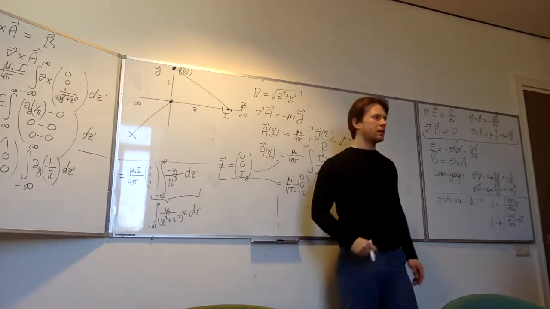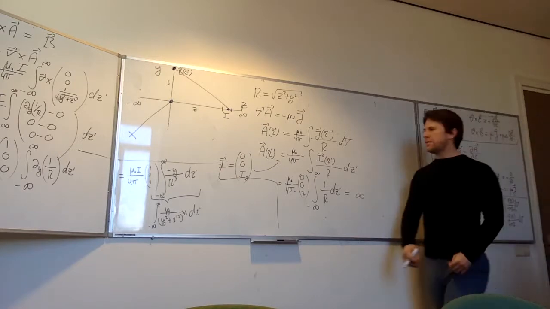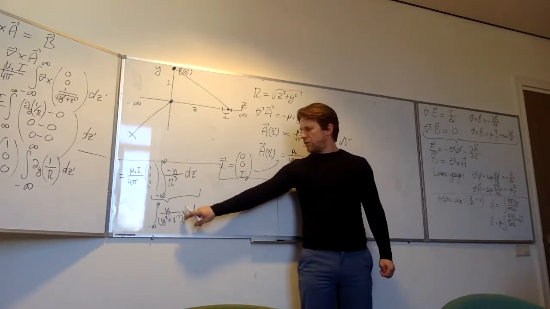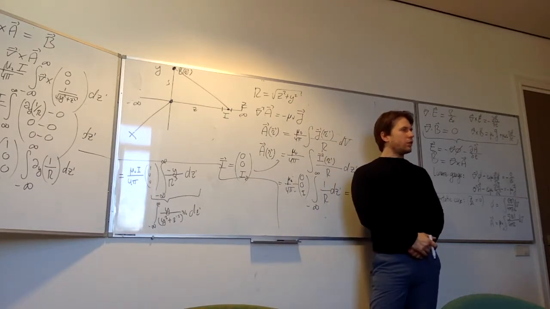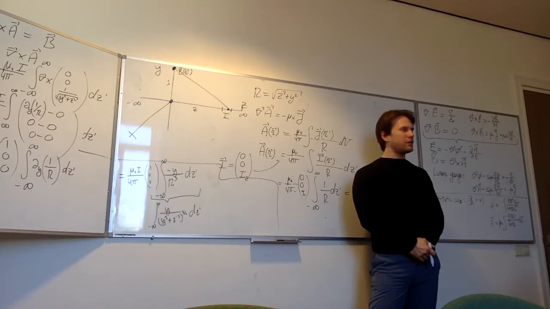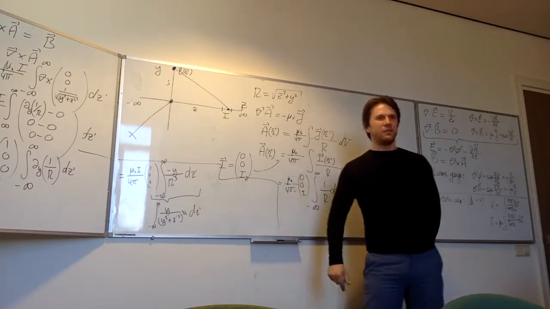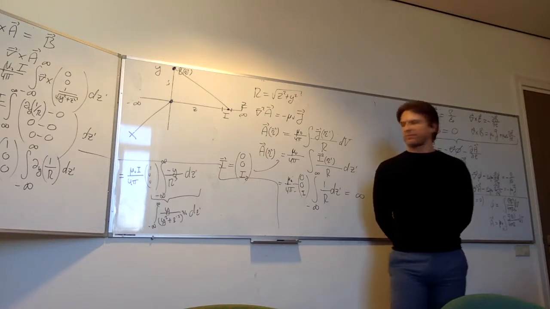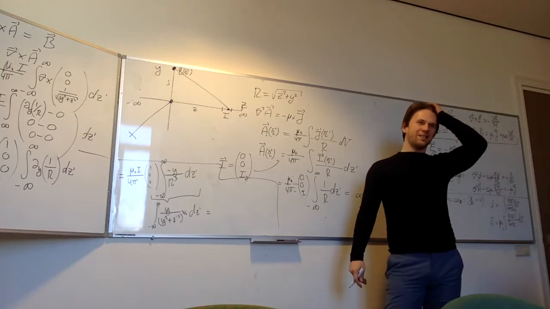Just plugged back in what r is. Because of the derivative, it's now to the power 3, so it gives you 3 over 2. Now you either look up what the integral is, or maybe you know how to do this if you play around with it a little bit. This was the integral a couple of weeks ago Chai knew how to do. He emailed me about this. This one you did before. Do you remember what the answer was?